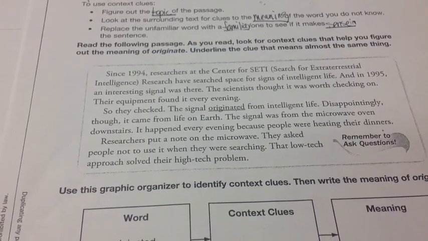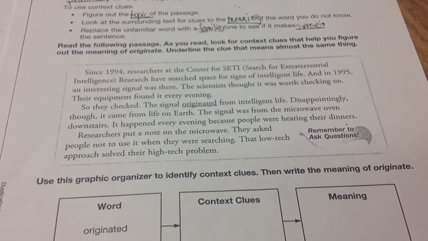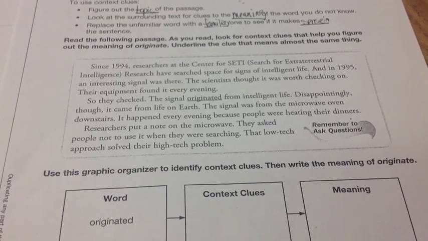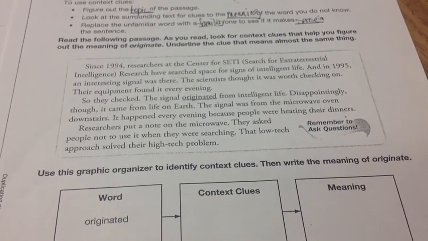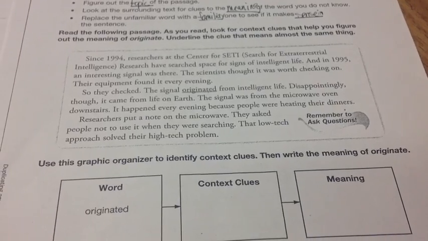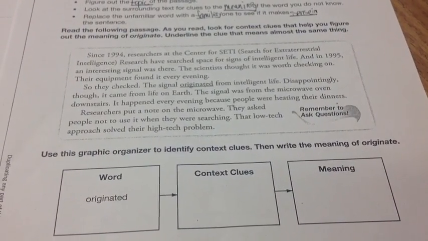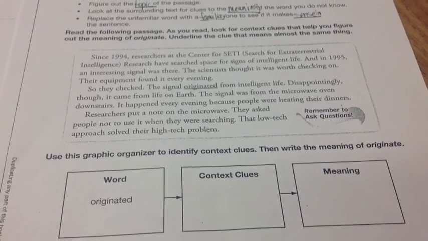Since 1994, researchers at the Center for SETI, Search for Extraterrestrial Intelligence, have searched space for signs of intelligent life. And in 1995, an interesting signal was there. The scientists thought it was worth checking on. Their equipment found it every evening, so they checked.